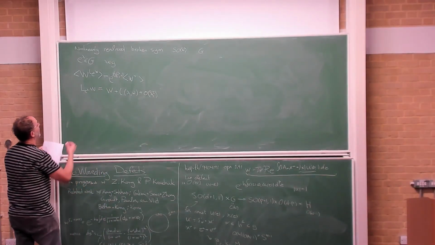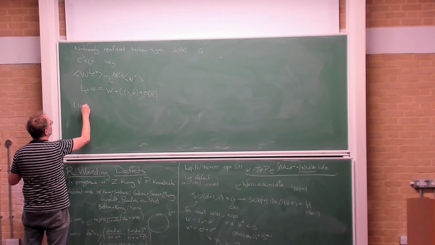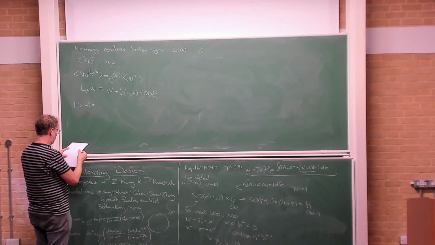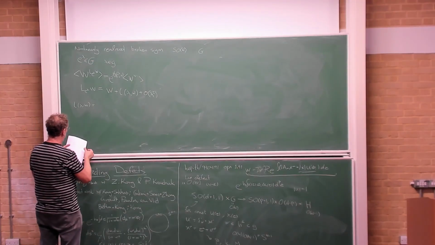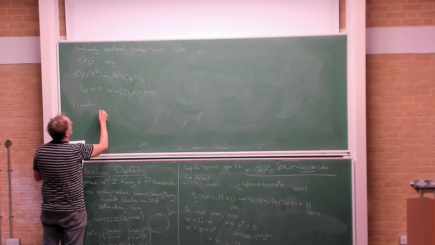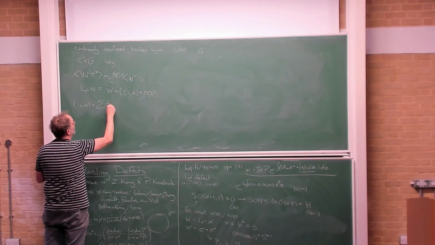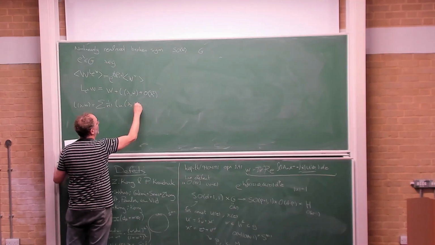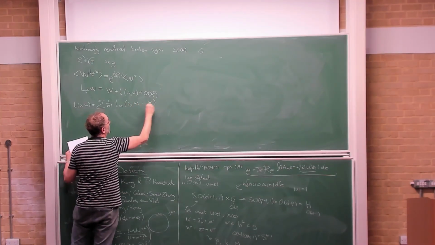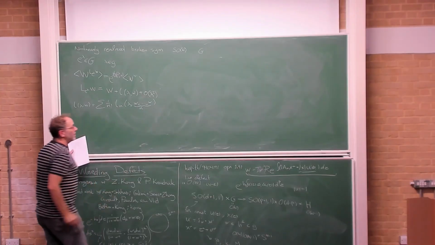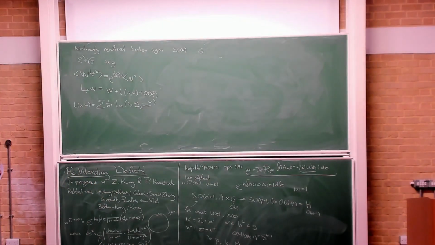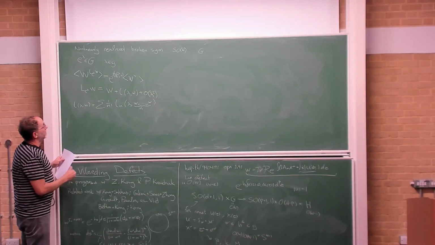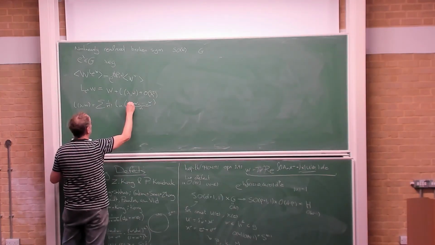And now I expand L of lambda and W in a power series in W. What is it? Sum 1 over n factorial L_n of lambda and n W's. So it's a symmetric polynomial in the W's, or it's a general kind of thing that you can have in this power series.